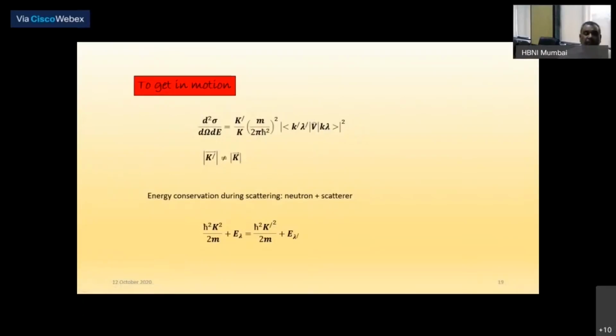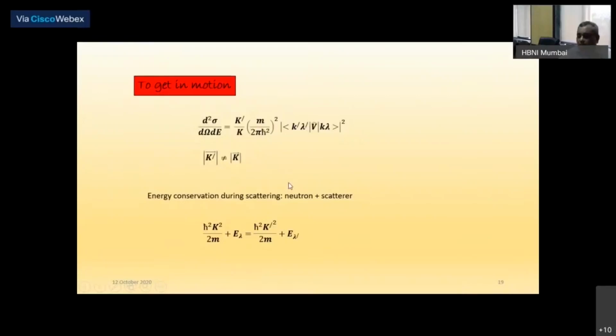This is the typical quantum mechanical expression for the effect on a neutron going from k lambda, that means initial wave vector k and lambda is all other things, to final wave vector k prime, lambda prime.